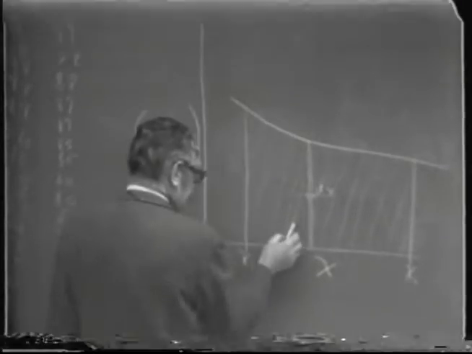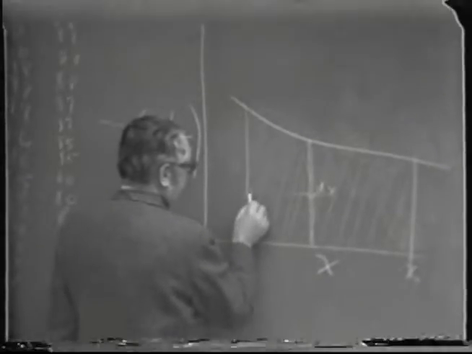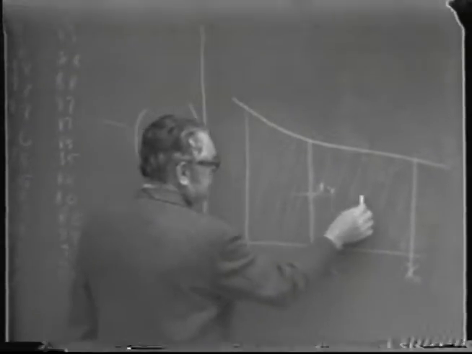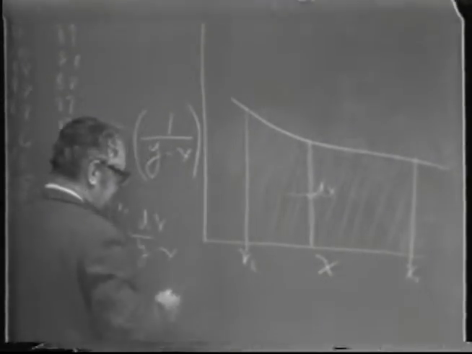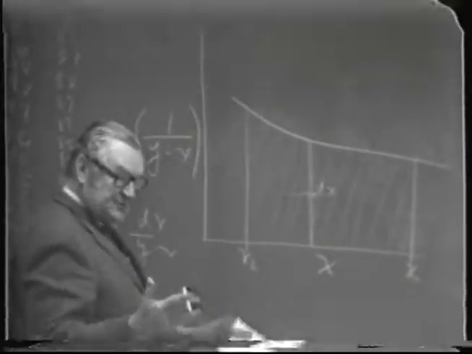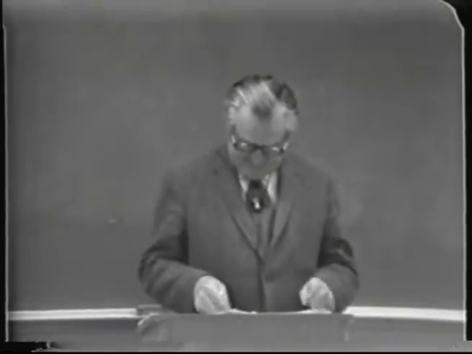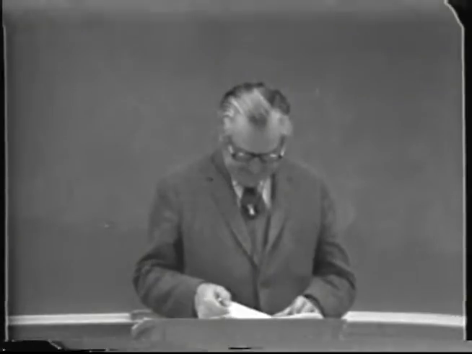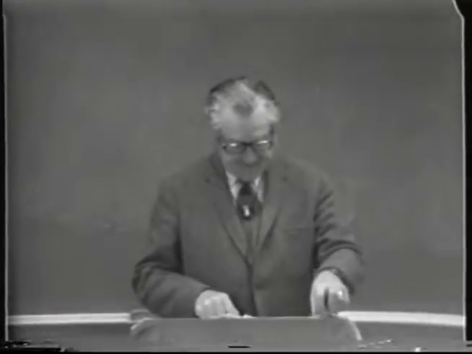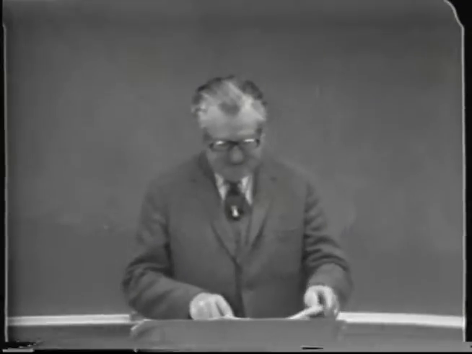In other words, when you add all these little thin segments of dx times 1 over y minus x, you have the value of the integral, the summation in that, right? Okay. So this is how we do it.